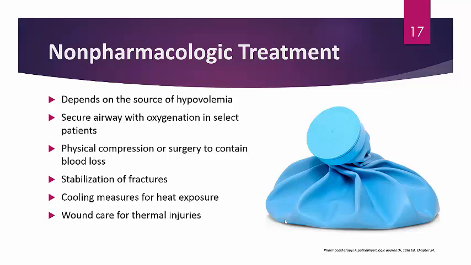Sometimes you need to correct the source of that blood loss, because if you don't stop the source of the blood loss, it's not going to stop bleeding. You also want to get stabilization of any fractures that are there. You will want to cool patients who have any type of heat exposure, so patients who have been exposed to areas of high temperatures will need to be cooled down. And you may need to administer wound care for thermal injuries.